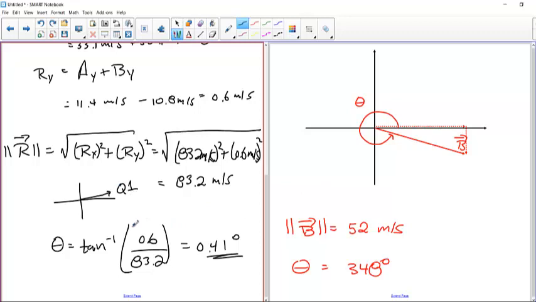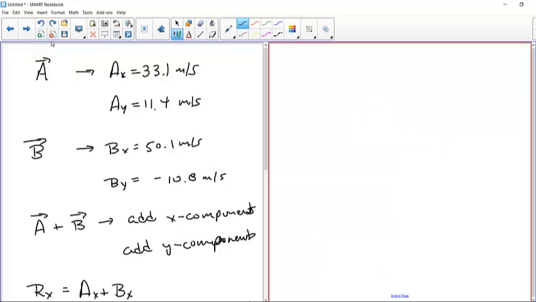Now, if any of the x and y components were negative, both negative, or one negative and the other positive, you would have to use the reference angle and figure out which quadrant you're in. Which reminds me, I forgot to do this earlier. The equations for the quadrants: in the first quadrant, the angle is equal to the reference angle.